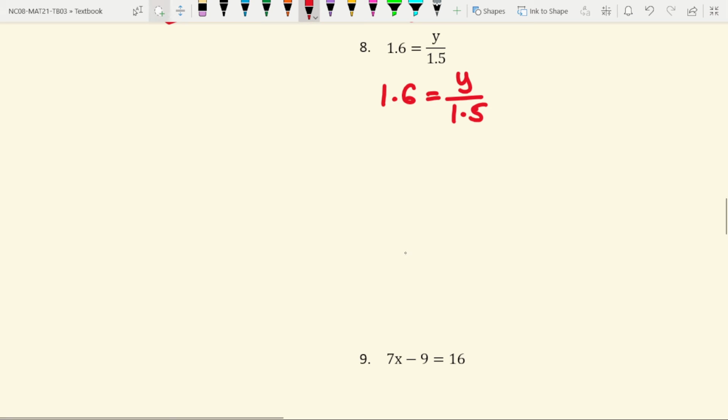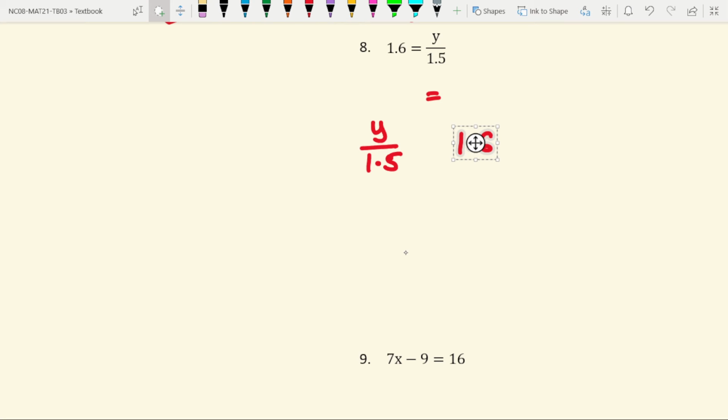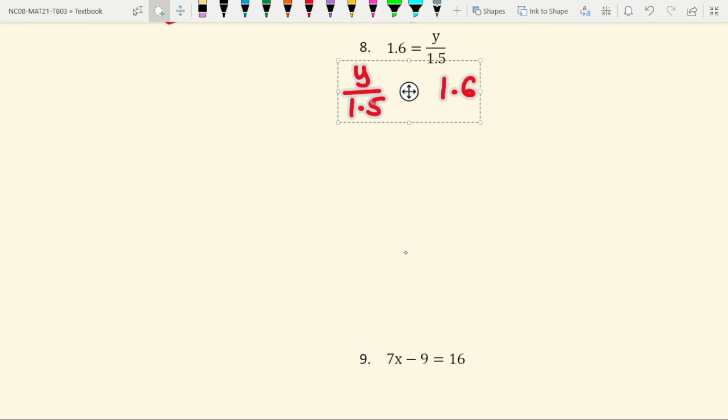I will bring this here, and shift the whole LHS to the right hand side, and the equal to sign will remain in between. So our equation is y divided by 1.5 is equal to 1.6.